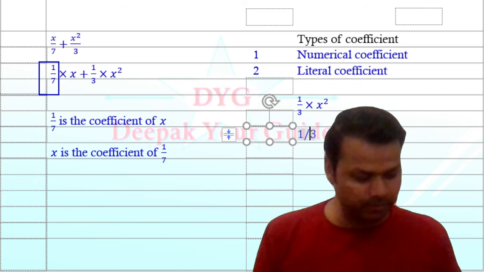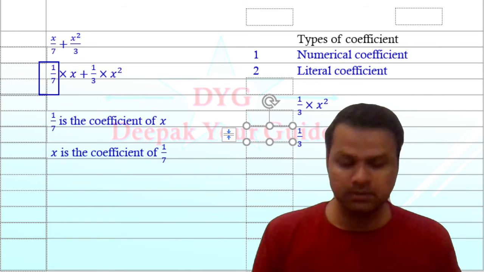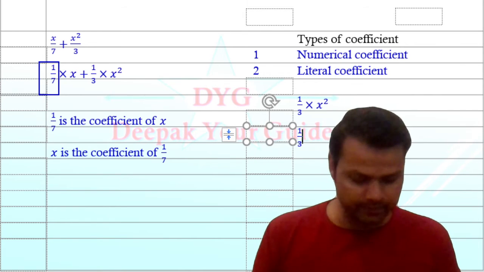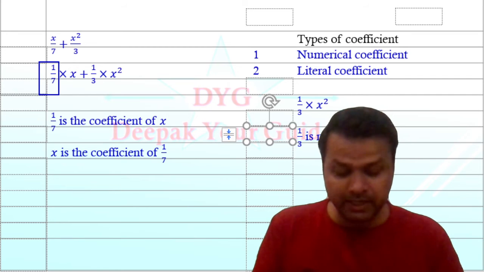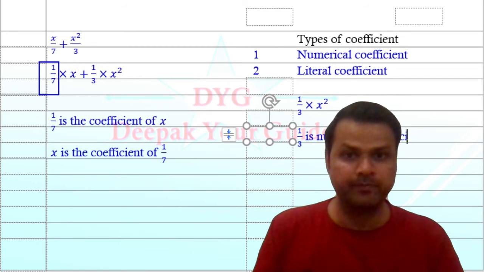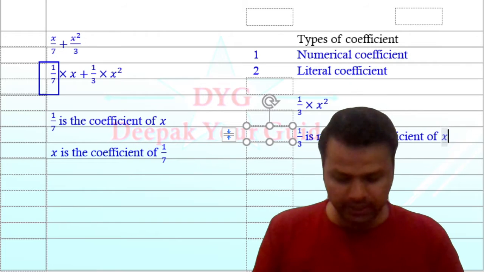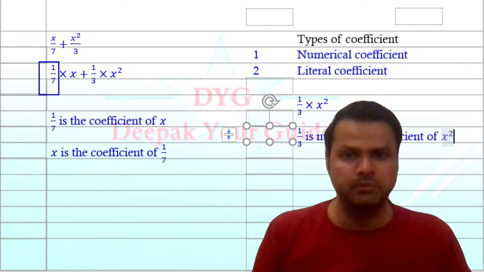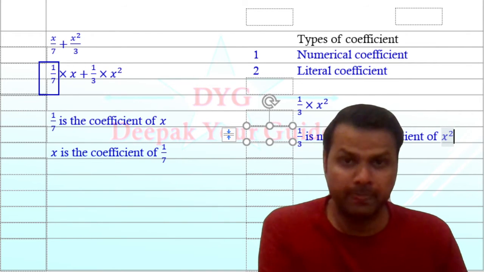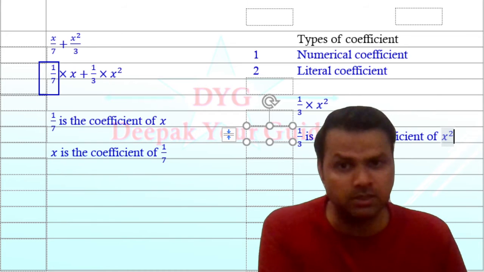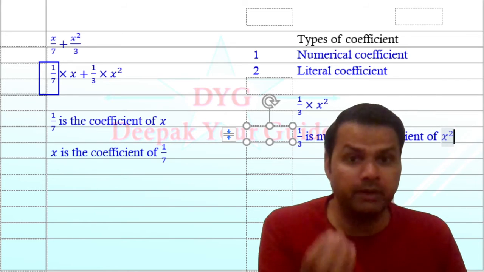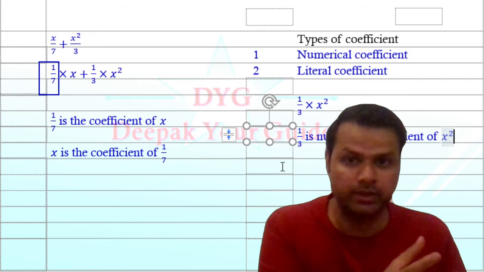I can say that 1 by 3 is the numerical coefficient of x square, because we know 1 by 3 is a number and numerical coefficient means number. So 1 by 3 is called the numerical coefficient of x square.